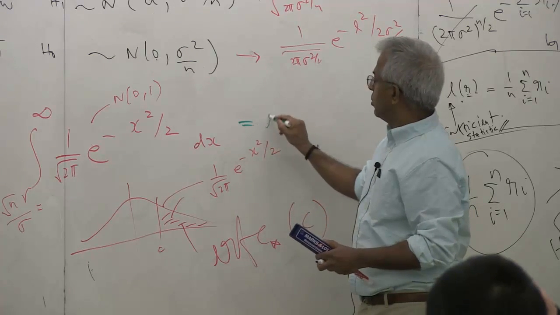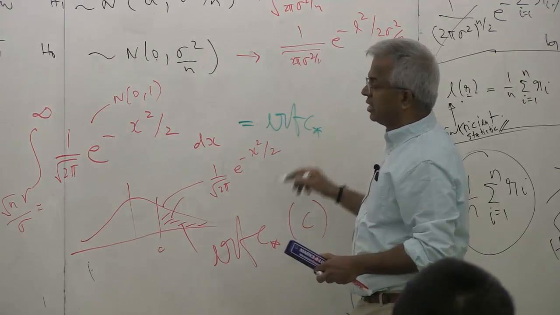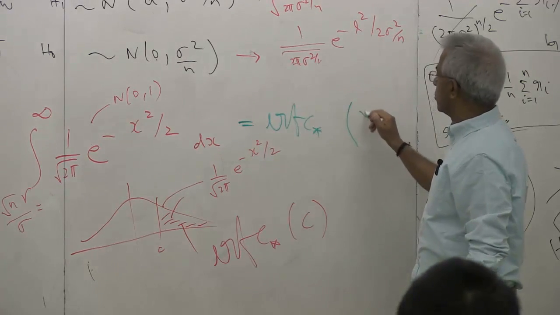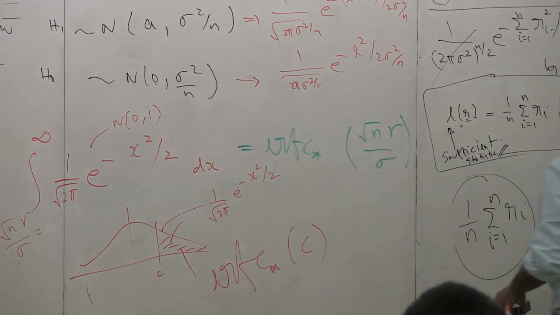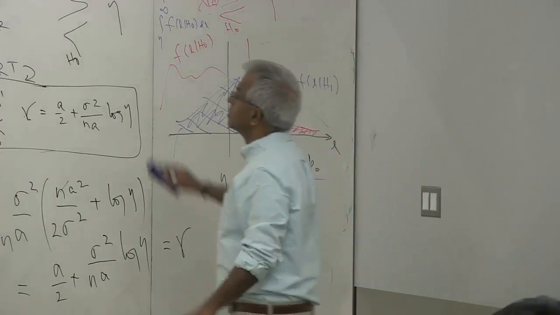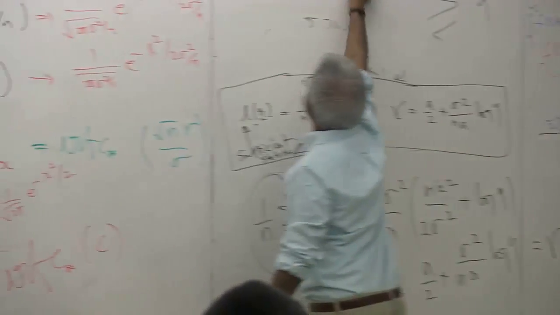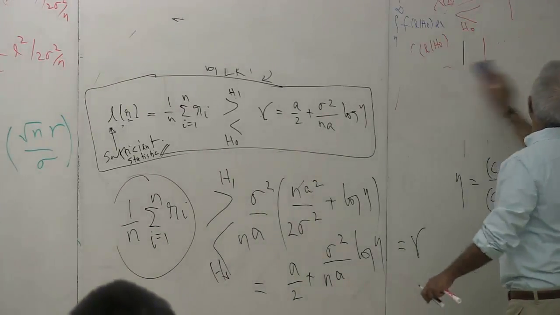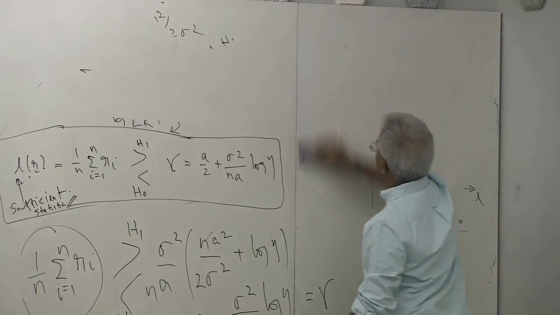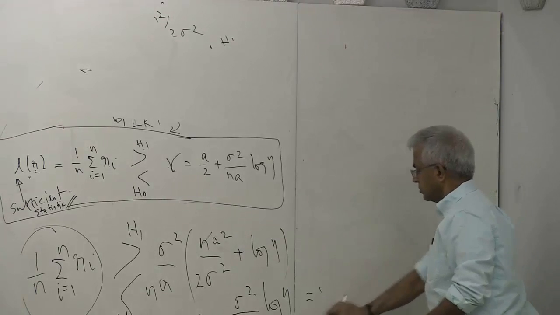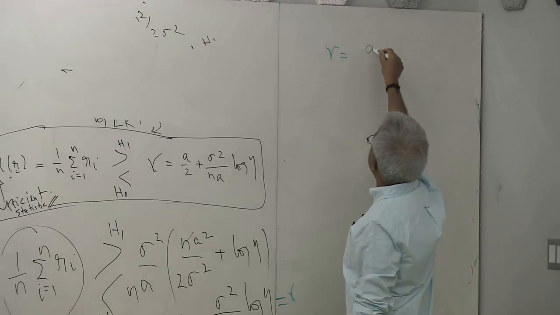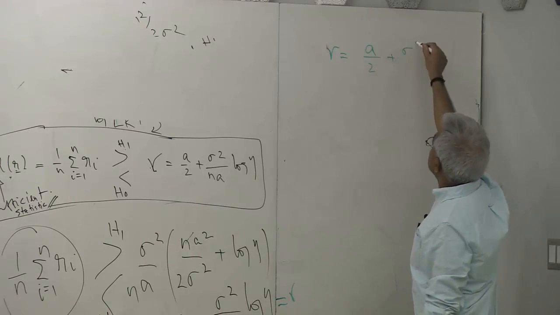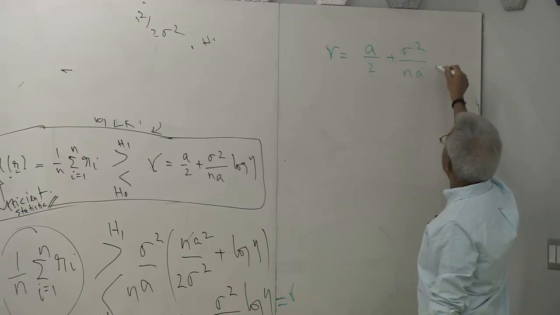So bottom line is our expression is error function complementary of C. Instead of C, I'm going to substitute the square root of n gamma over sigma, okay. So now let me plug in gamma here. This is gamma, right? So gamma is A by 2 plus sigma squared over nA log eta.